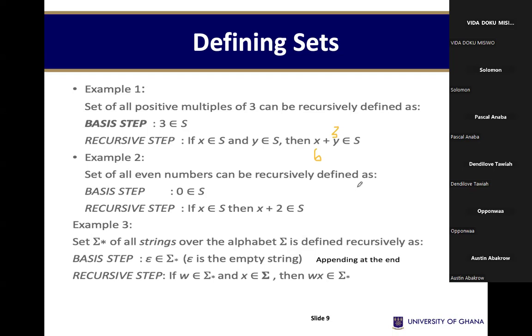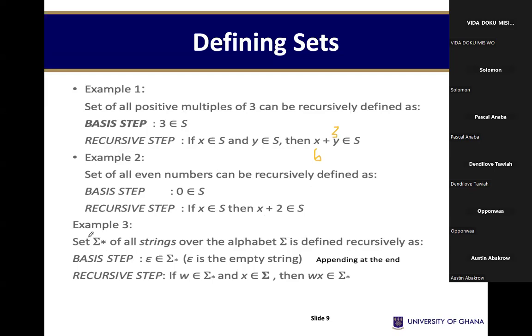Why? Because if I have 0 divided by 2, I get 0 without any remainder. So even numbers actually start from 0, not 2. So we're going to have 0 as a basic step for the even numbers. And then I can go ahead and keep incrementing it by 2 always. The same way I could have done the same thing here by always adding 3 to x. That's the same thing.